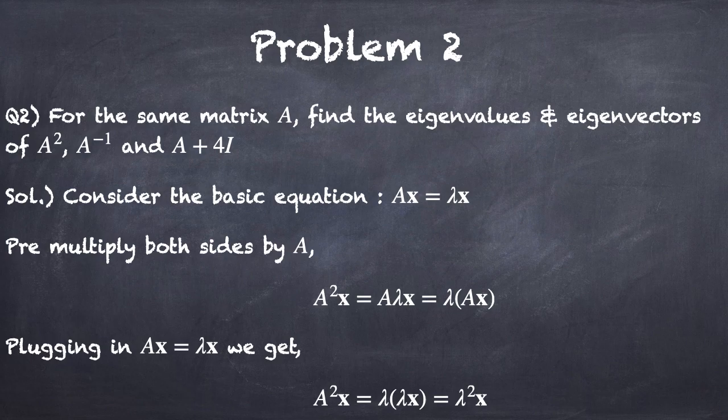So now we plug Ax equals lambda x back into this expression. So A squared x equals lambda times lambda x. That gives you A squared x equals lambda squared x. So the basic equation for A squared is lambda squared x. That tells you that the eigenvector of A squared is x, but the eigenvalue is lambda squared and not lambda.